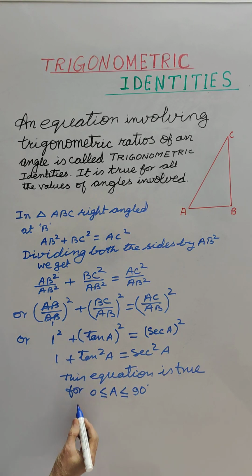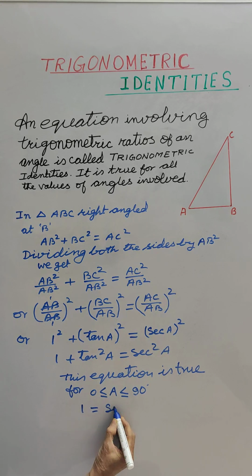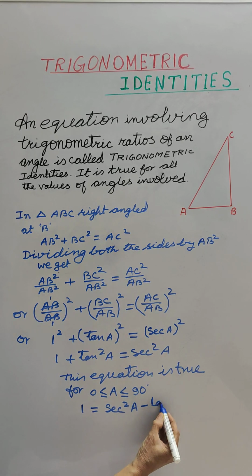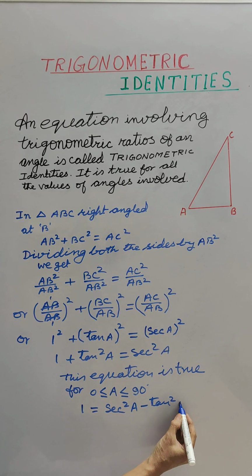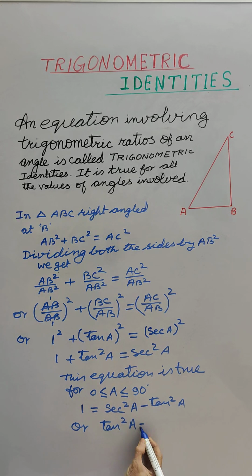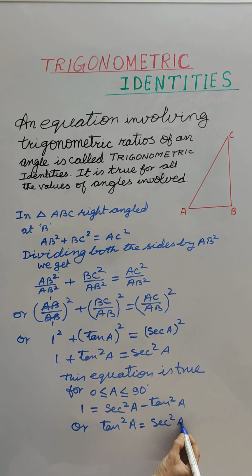We can also write this identity like this: 1 is equal to sec square A minus tan square A, or tan square A is equal to sec square A minus 1.